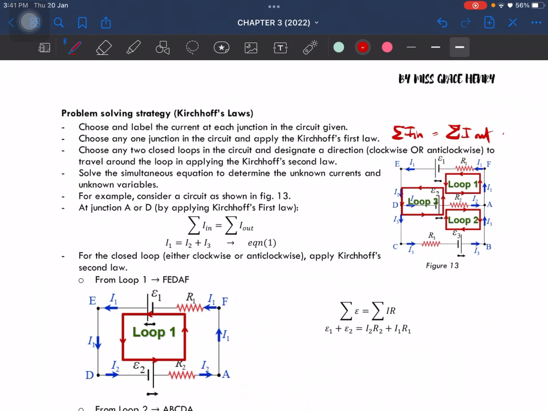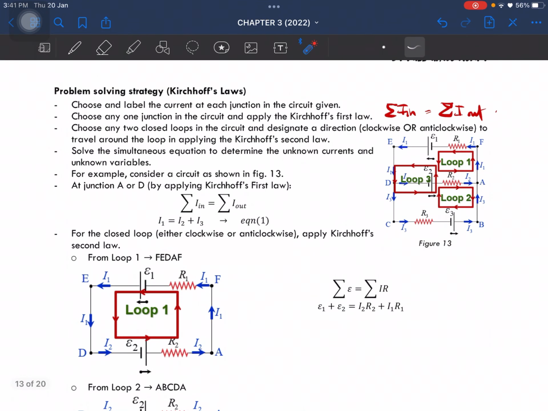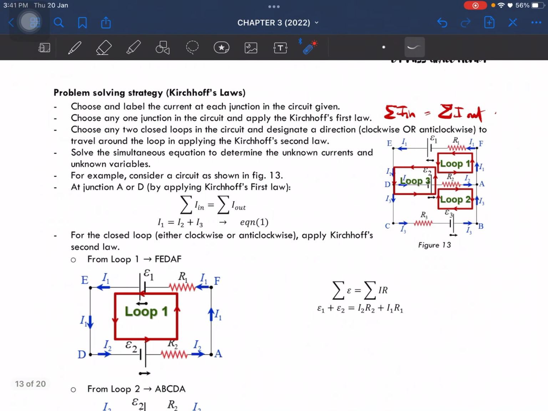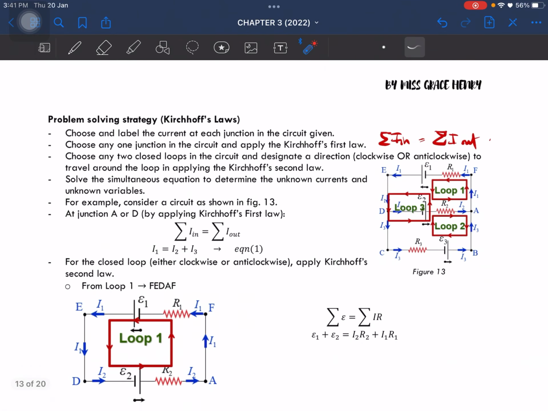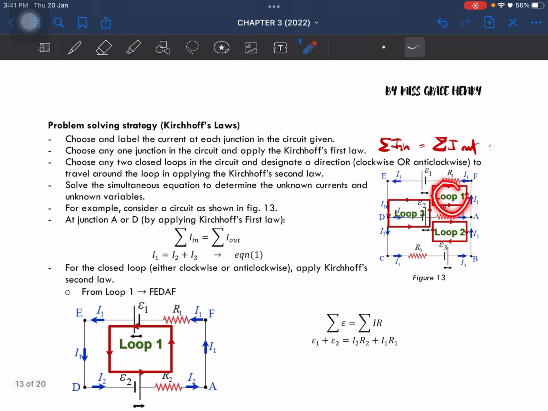And then after that you have to choose any 2 closed loops. You choose. For example now, how many loops does it have? For this example, there are 1, 2, 3 loops. So there are 3 loops, and what you need to do is designate a direction. You have to put it as either clockwise or anti-clockwise.